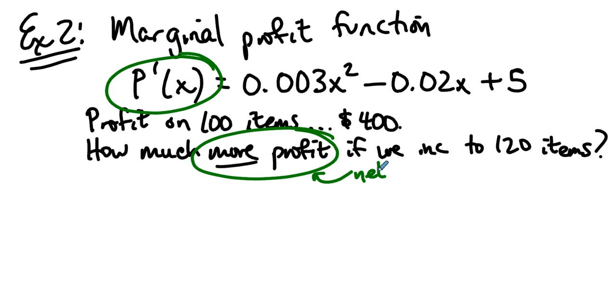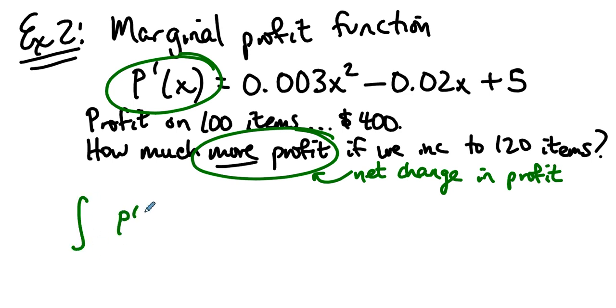This is a net change in profit, which means we want to integrate P prime from what we know about to what we don't know about. This will tell us how much more profit we get if we increase from 100 to 120.